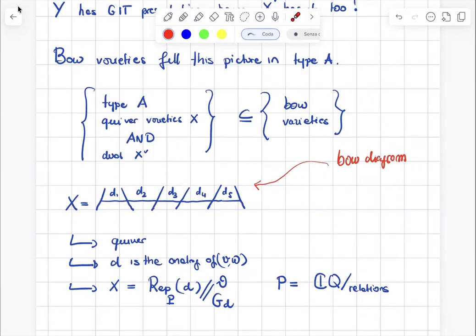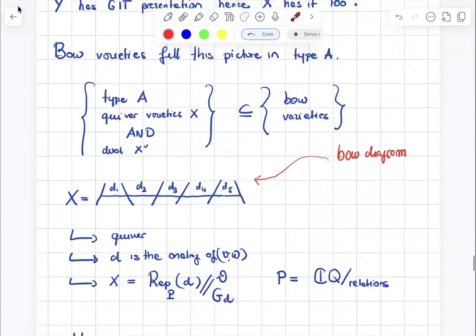And so the previous theorem I displayed over there, the one in joint work with Rimanyi and Dinkins, tells that in type A we can prove the whole mirror symmetry conjecture. Now, to be precise, when I say type A here, I really mean finite type A. So the affine version is still to be fully understood.